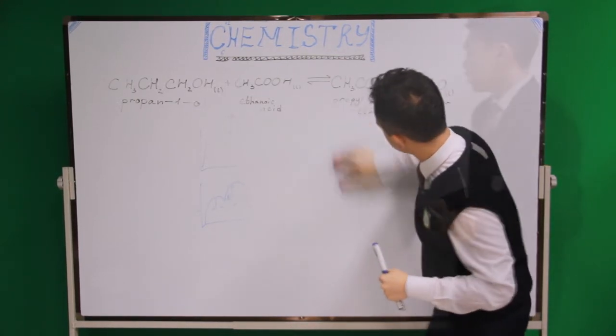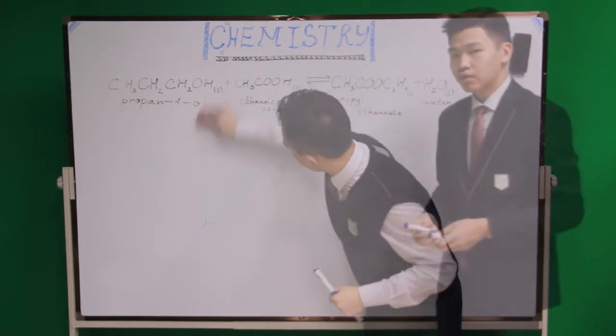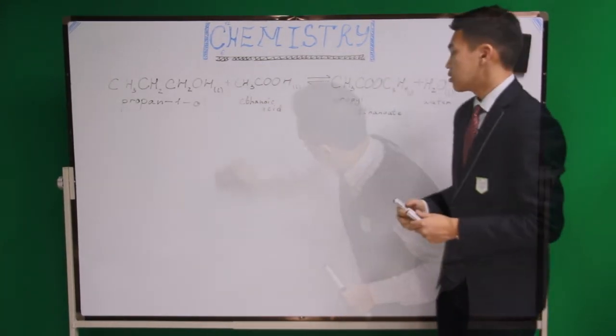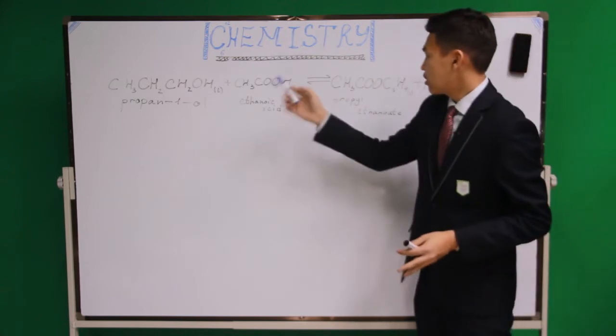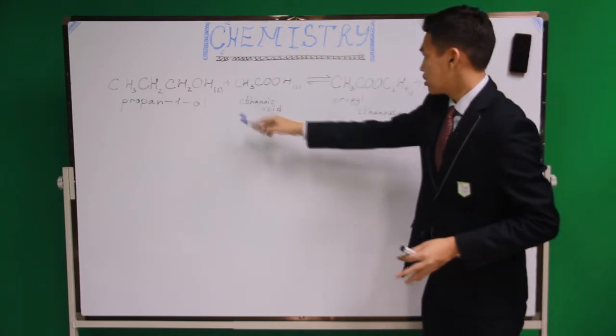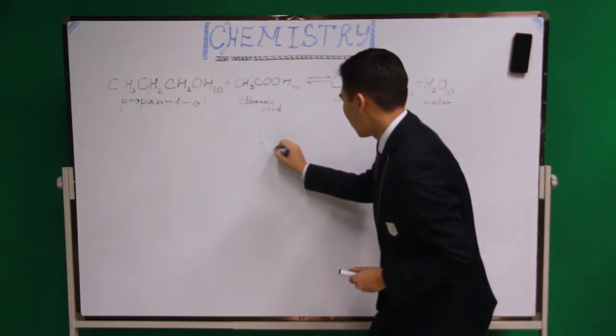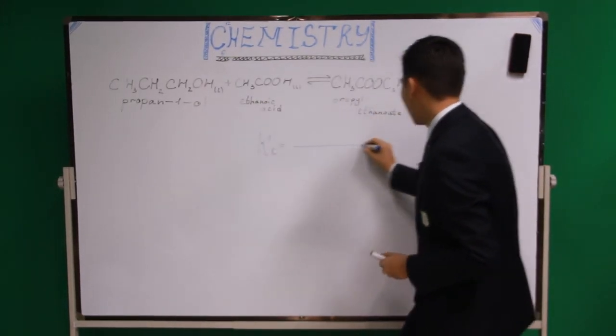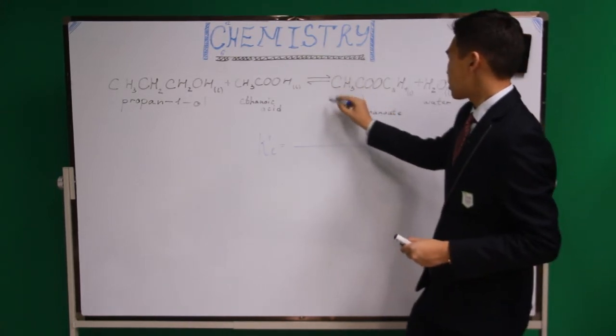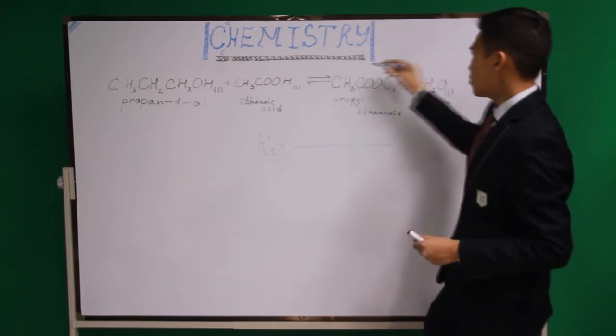So how can we describe the value of Kc or Kp? Let's describe the value of Kc by this reaction itself. Kc will be equal to the product of the concentrations of the products.